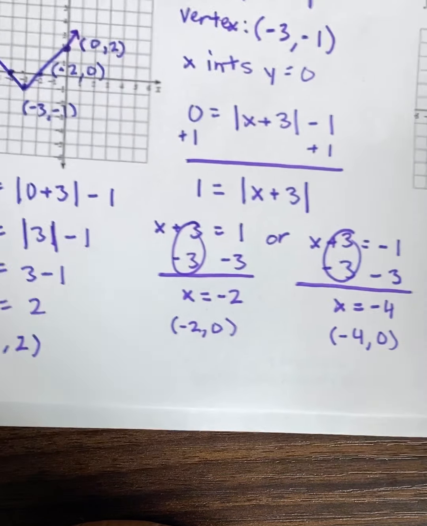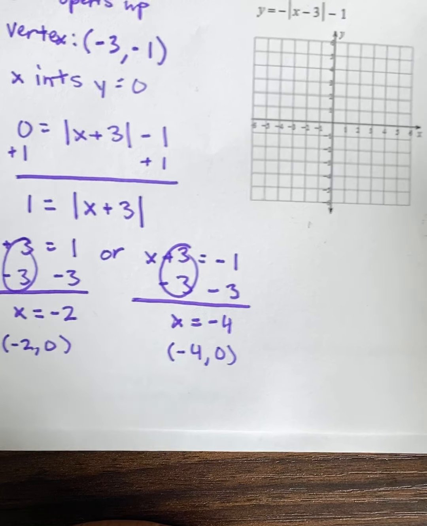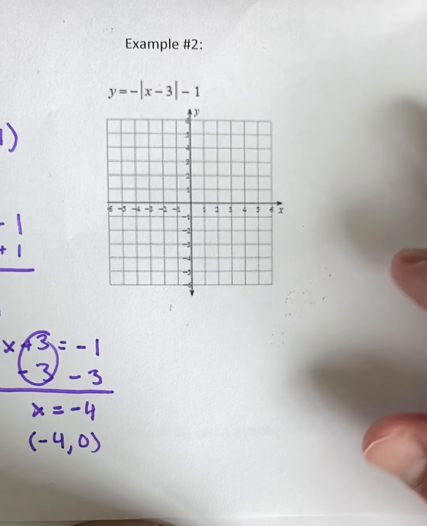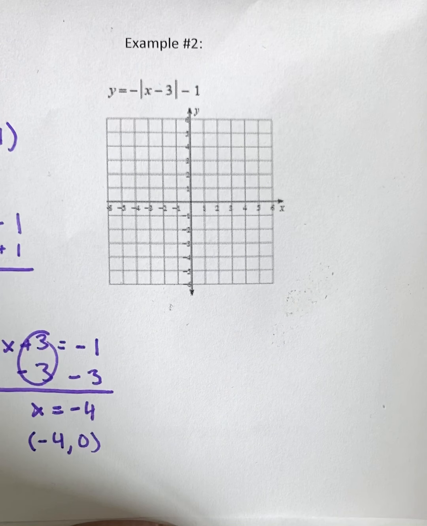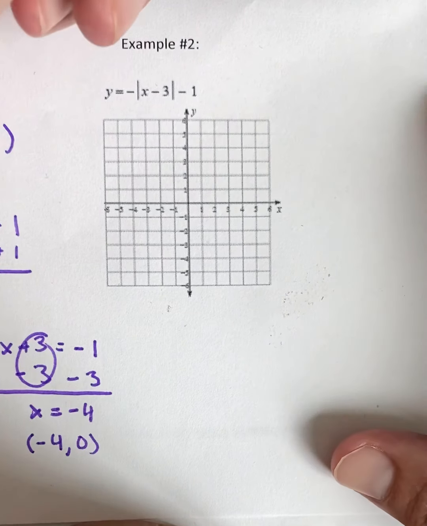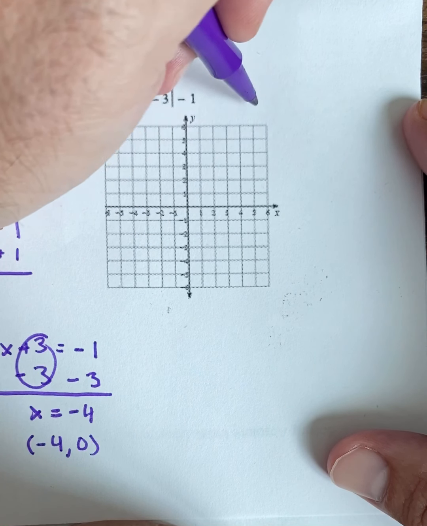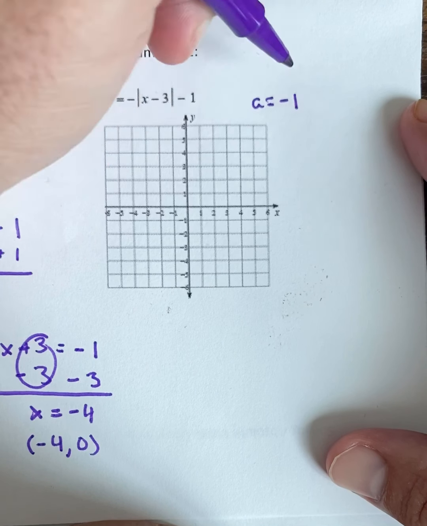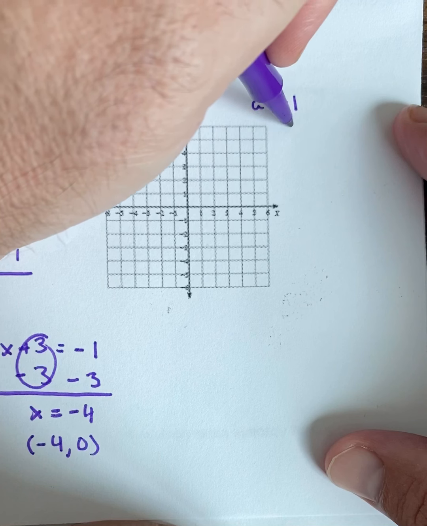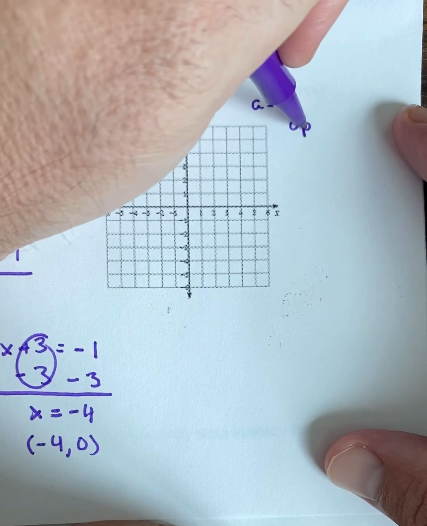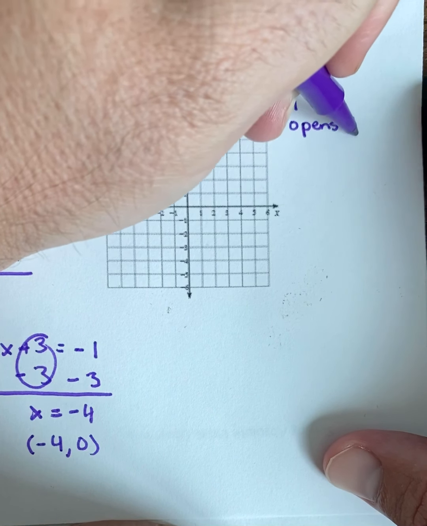All right, let's look at example 2. If you notice here in example 2, we have a negative sign in front of the absolute value. So the a value is negative, and so this V is going to be upside down. a is -1, which means the V is opening down.